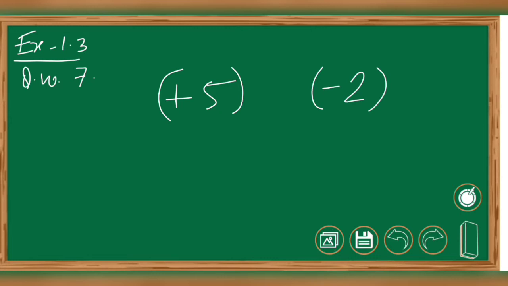So for 4 correct answers he will get plus 5 into 4, and for 6 wrong answers he will get minus 2 into 6, because each wrong answer will deduct 2 marks from the marks which he will get.